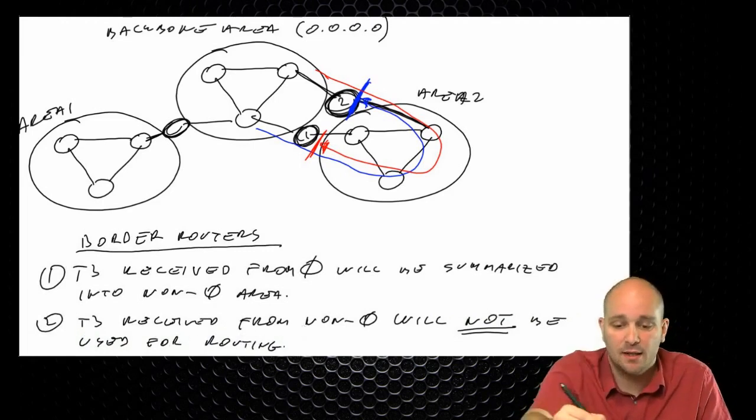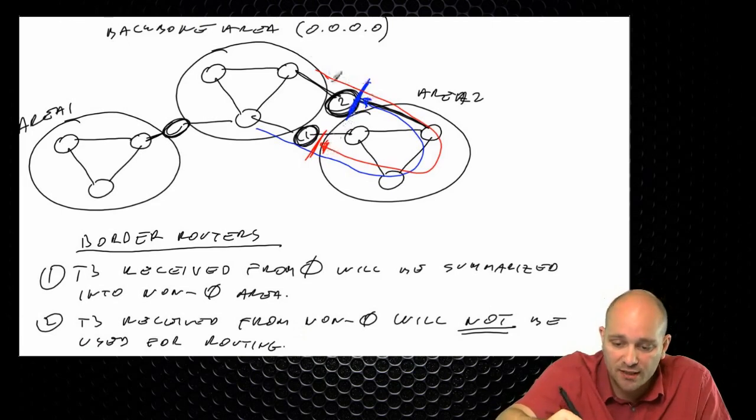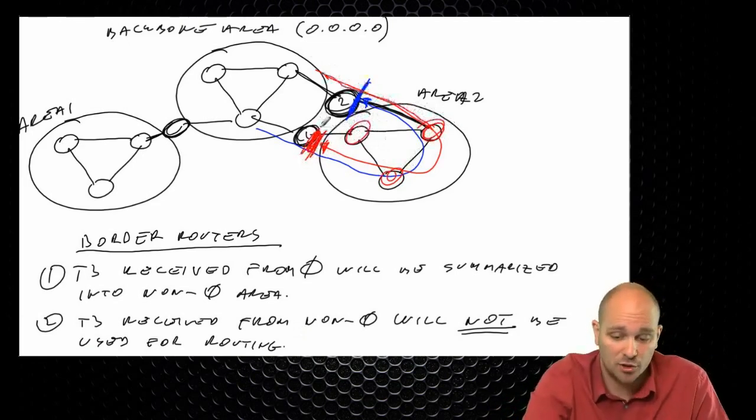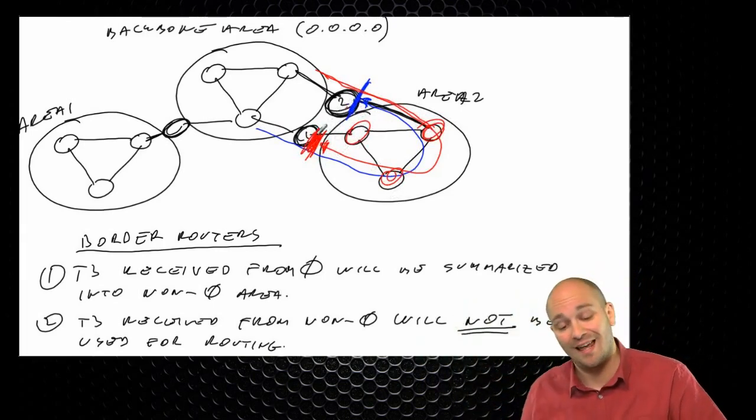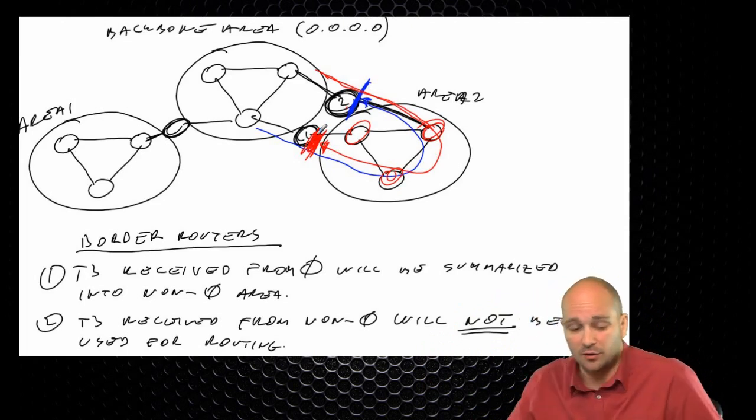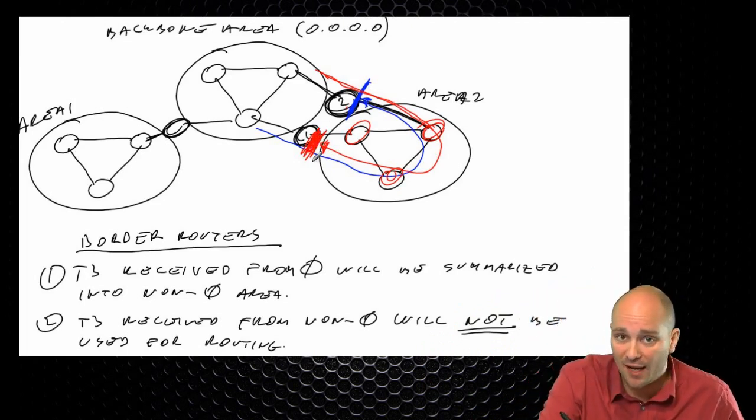That basically means that information that was injected here by R2 will be in database here, here, and here. It needs to be in the database on this router. It cannot reject it because the database must be in sync in the whole area, but this router will not use this information for routing. If it doesn't use it for routing, it cannot calculate the path for it.